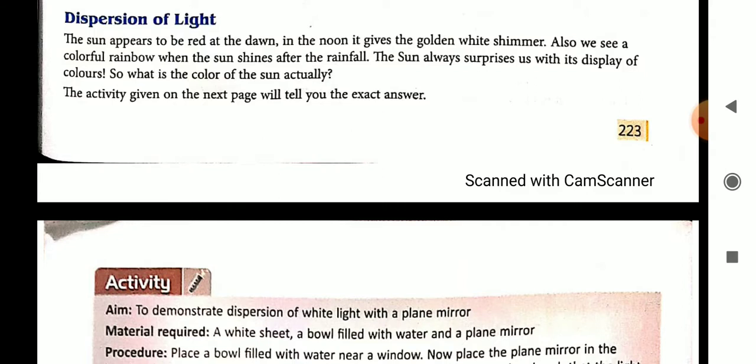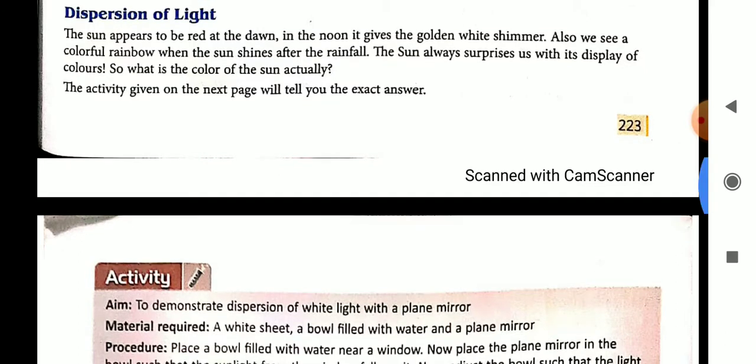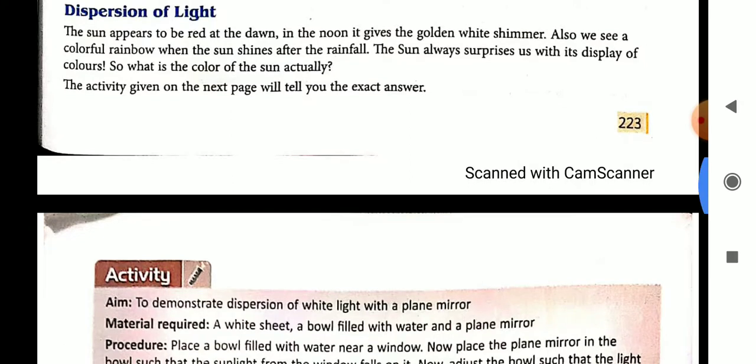The sun appears red at dawn and dusk, dawn means early morning, and dusk means evening time. At noon, it gives a golden white shimmer. Also we see a colorful rainbow when the sun shines after the rainfall.